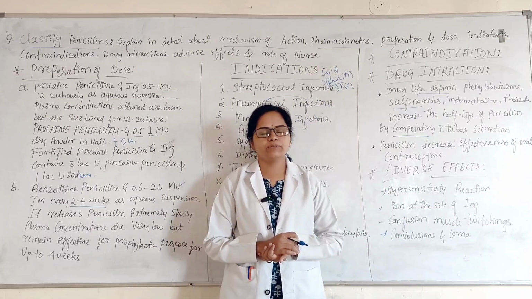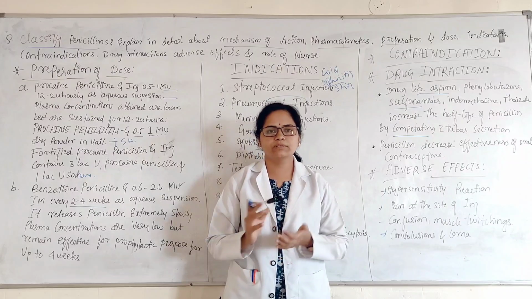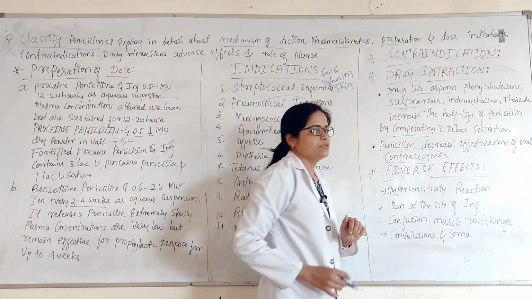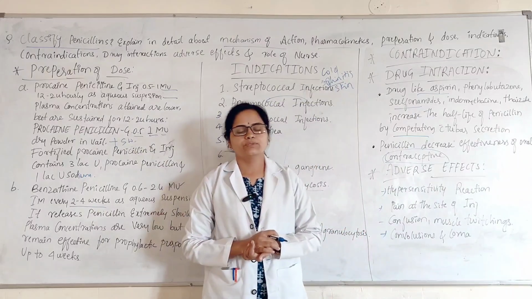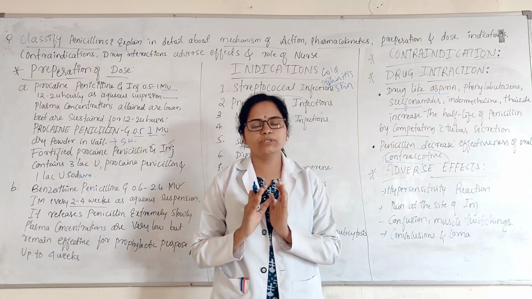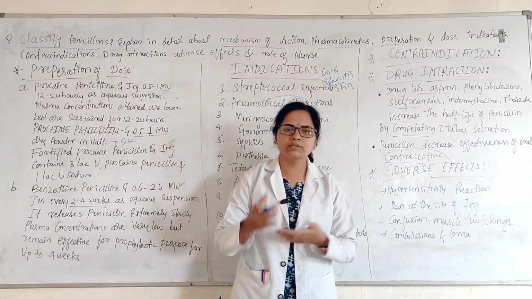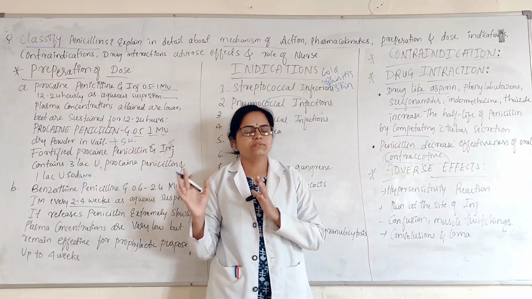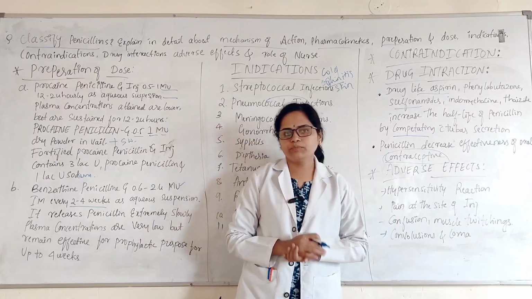If the patient has any hypersensitivity reaction, she should not administer the drug. And also the nurse should know about the contraceptive history of the woman. The nurse should know about the indications and the contraindications, means in which conditions we should administer the penicillin and in which conditions we should not administer or use the penicillins.